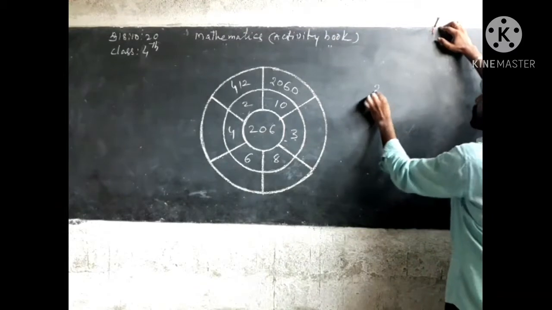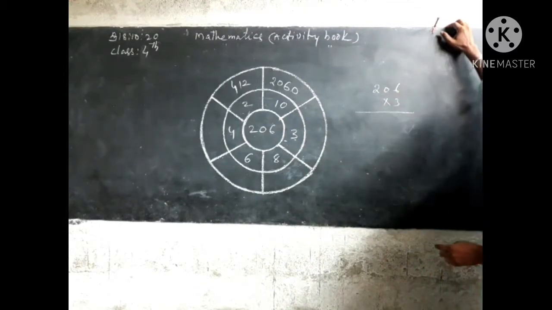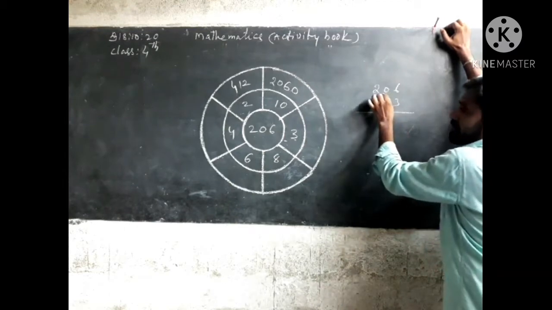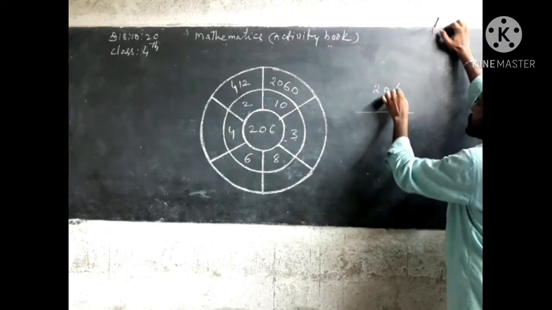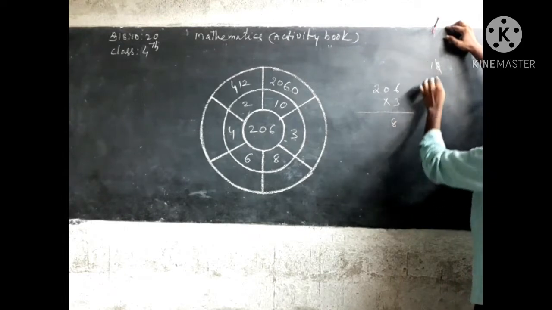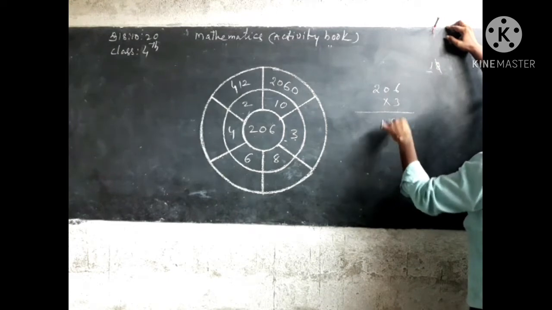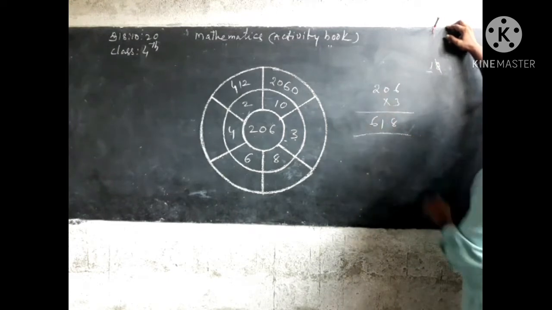Next, 206 multiplied with 3. 3 6s are 18, 8 taking, carrying 1. 3 0s are 0 plus 1, 1. 3 2s are 6.